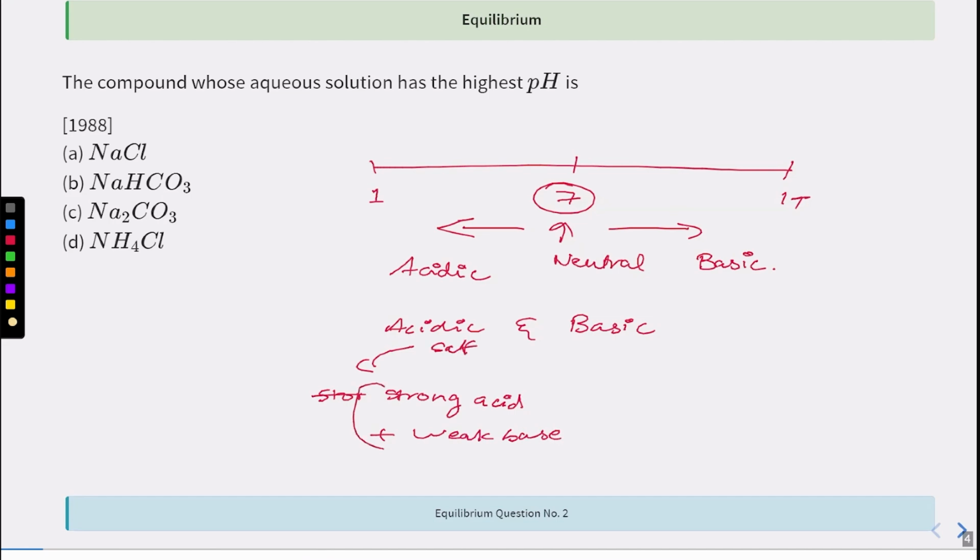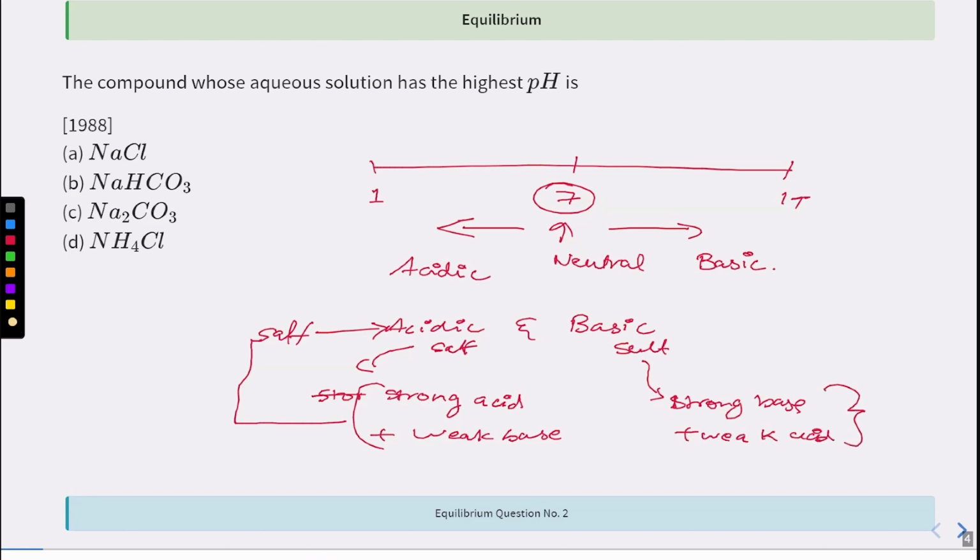What happens is the strong acid dominates in this entire equation, and the final salt that is formed tends to be a bit more acidic in nature. Likewise, in the case of a basic salt, we take a strong base and a weak acid. Again, the strong base will start dominating your entire equation, and that will result in the formation of a basic salt.